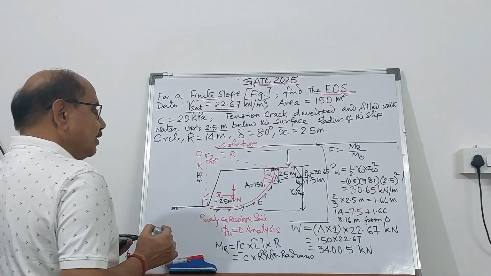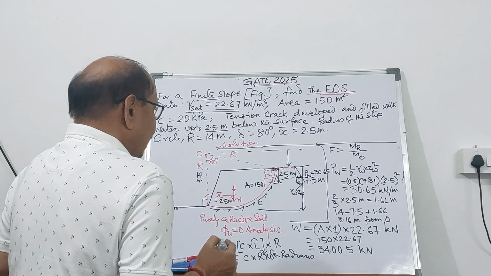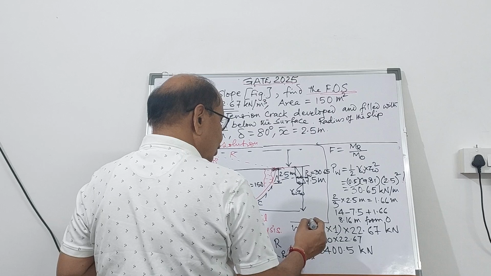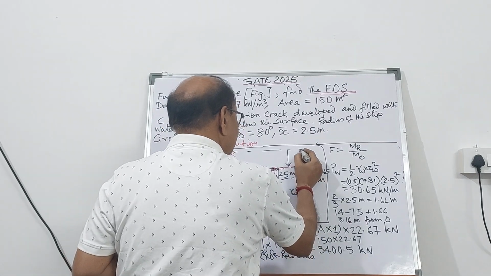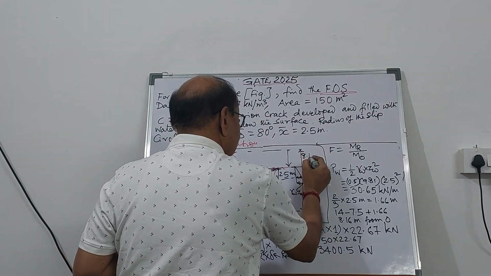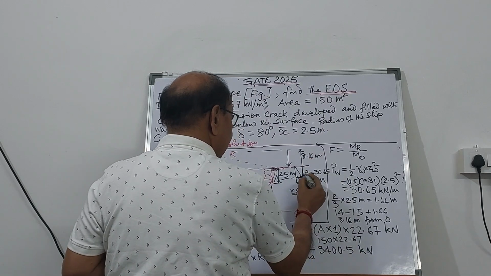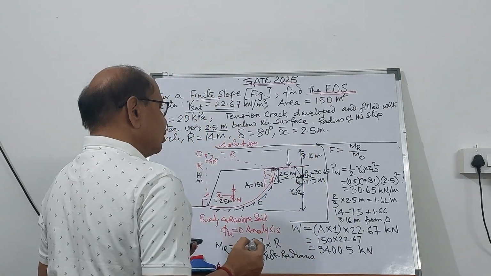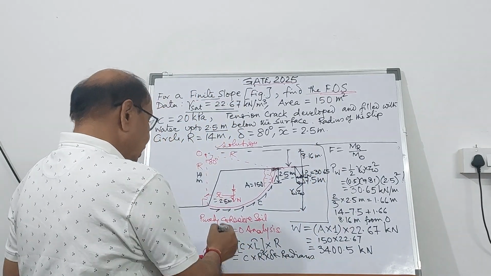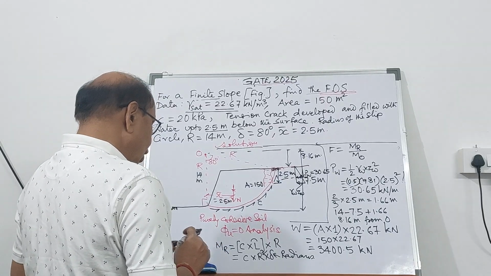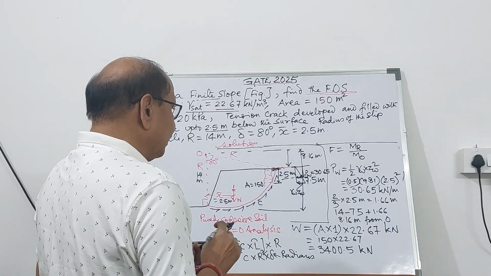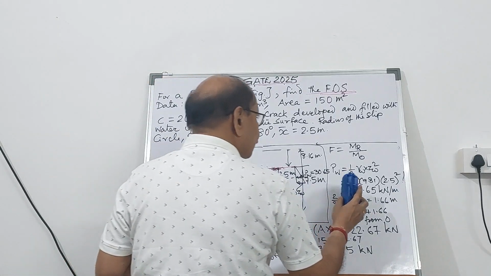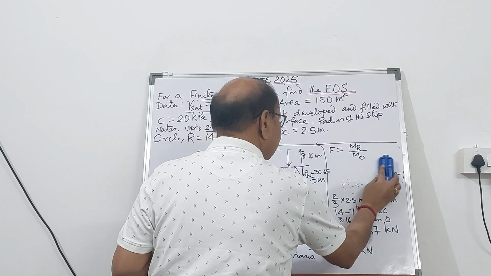I know the magnitude of the force, and I also know the distance from here to here. It is 8.16 meter. So this distance is also known. So let me calculate now the resisting moment. So I can calculate MR.